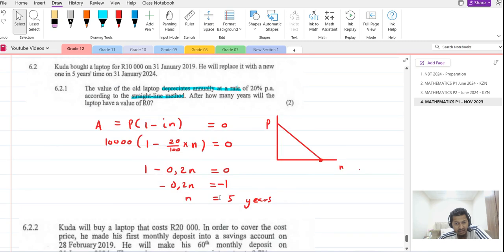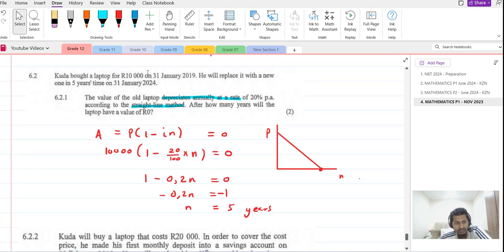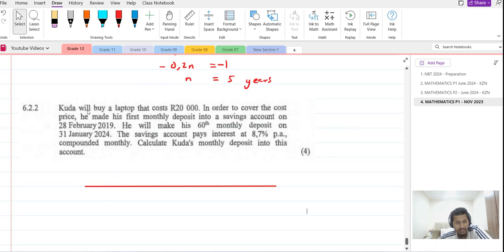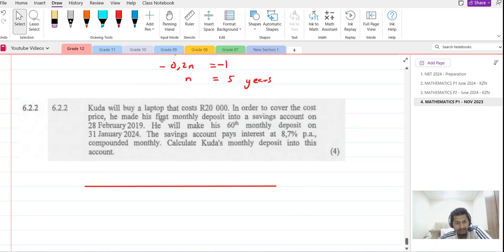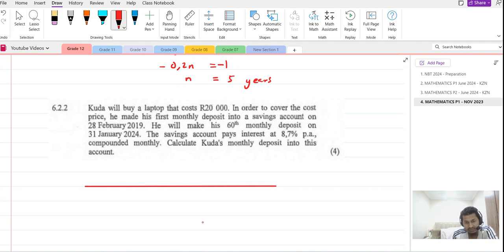This here looks like a separate question from 6.2. Calculate Kuda's monthly deposit into this account. Okay, he will buy a laptop that costs 20,000, right?